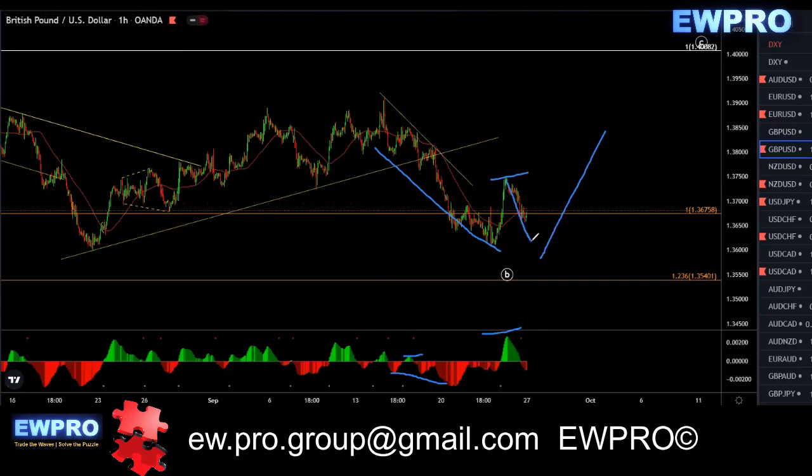Ideally, we'd like to see this bear hidden divergence play out, break the low, give us the bull divergence, and then we can draw the trend line, wait for the trend line break, give us a correction or a flag, and then we can look for the buy.